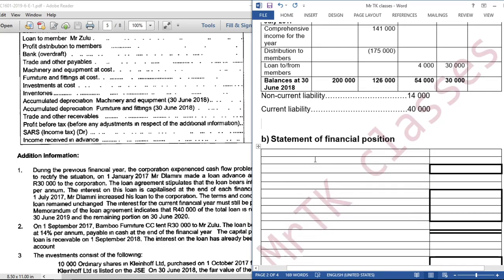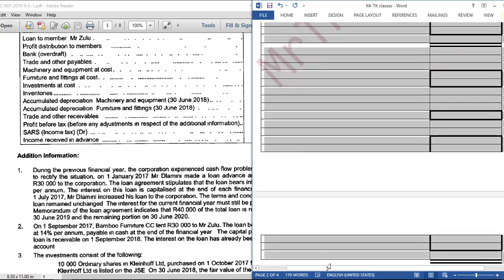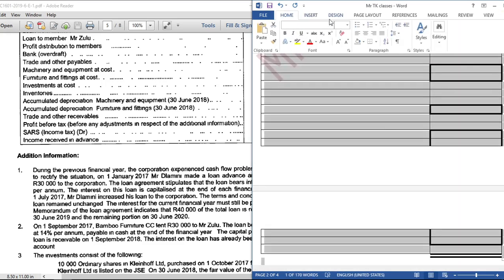Here we are done. Now we are going to have assets here. This is our statement of financial position. So we are going to start with our assets.